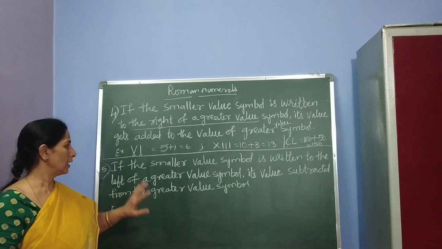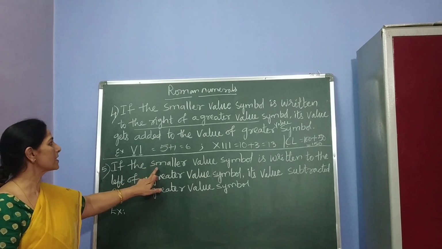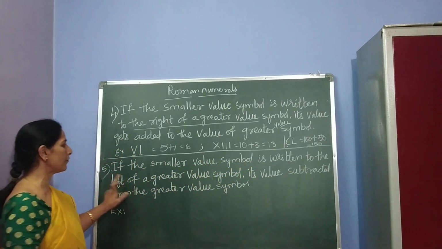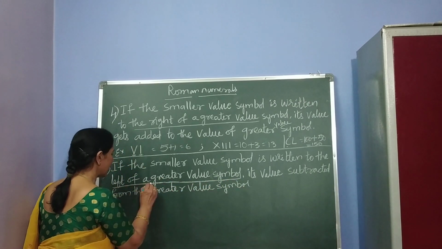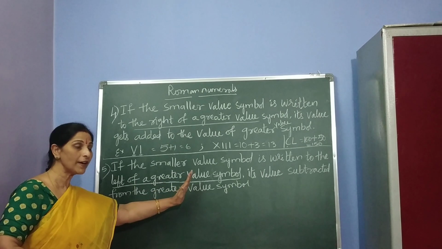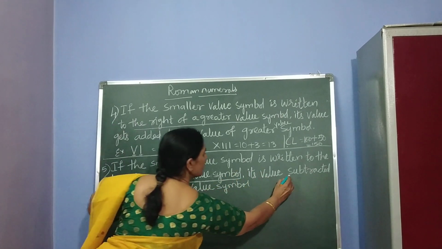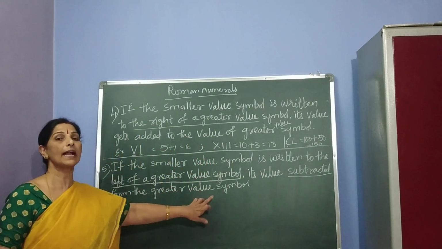Okay children, now come to the next rule. If the smaller value symbol is written to the left of a greater value symbol, its value is subtracted from the greater value symbol.